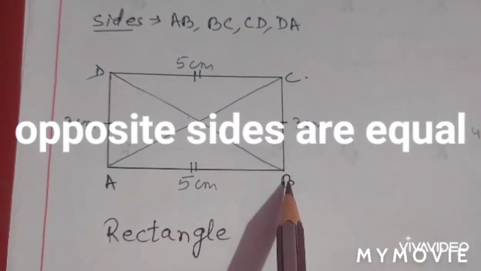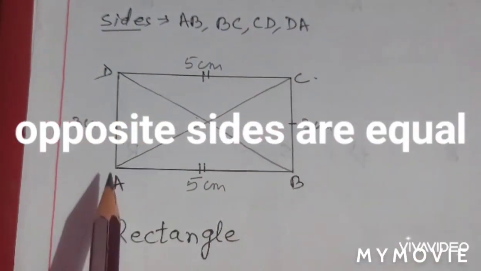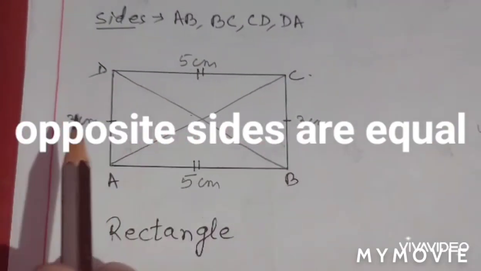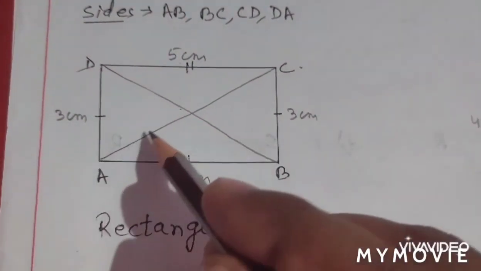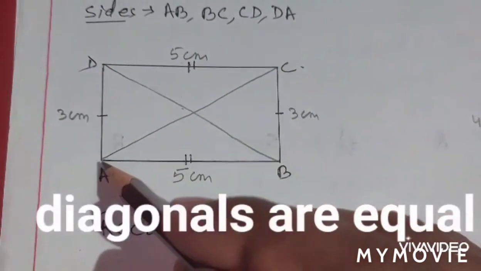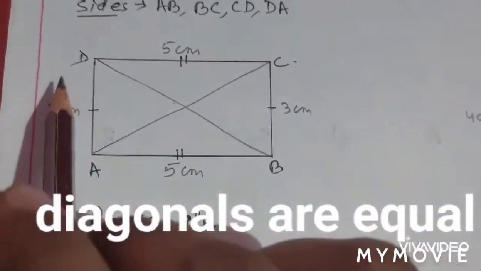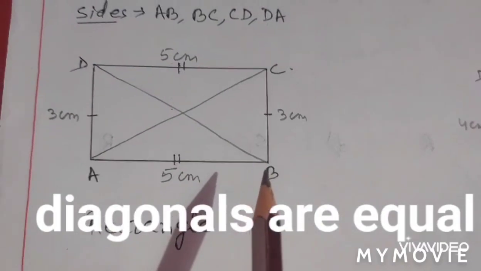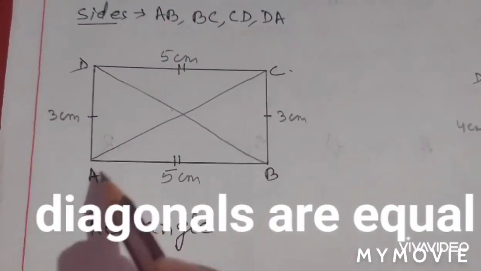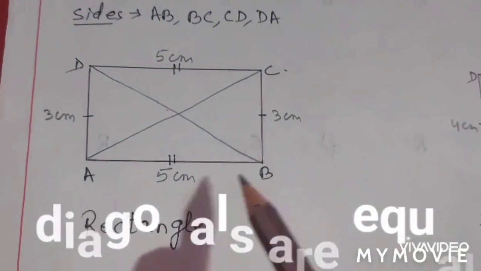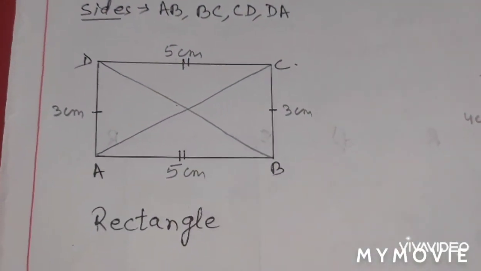Over here is 3 centimeters. This is also 3 centimeters. Just see, the opposite sides are equal. Yes or no? And the diagonals are also equal. This is called a diagonal. AC is one diagonal and DB is another diagonal. These two diagonals are equal.